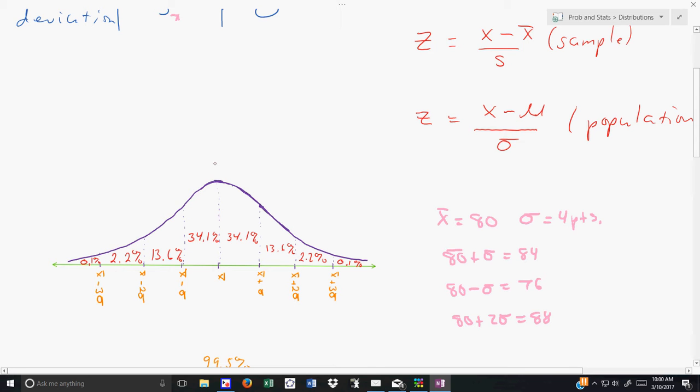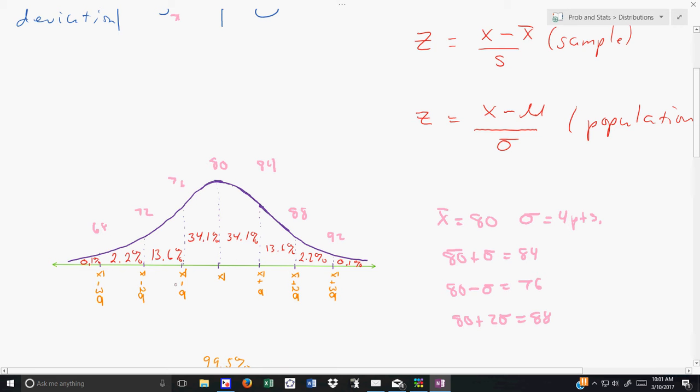So this would be an 80, this would be an 84, this would be an 88, and this would be a 92. This would be a 76, this would be a 72, this would be a 68.